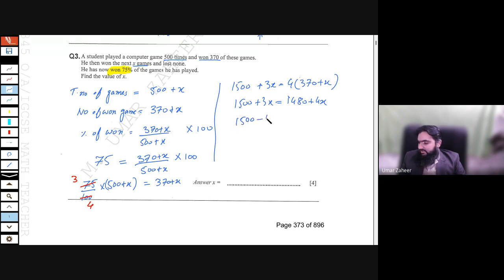Take the values here: 1500 minus 1480 is 20, and 3x minus 4x gives minus x, so you get 20 is equal to x, or x is equal to 20. So basically he played 20 more games and won all of these 20 games. Then the percentage will become 75%.